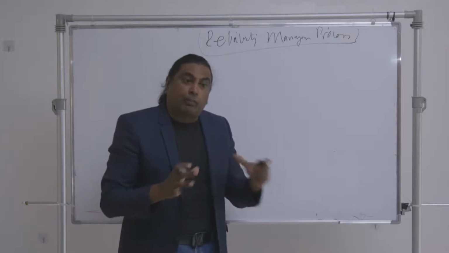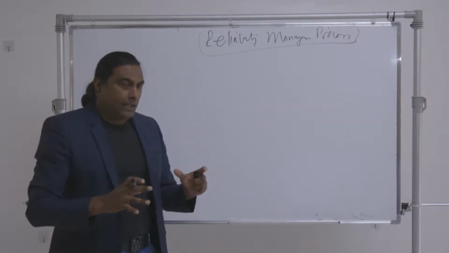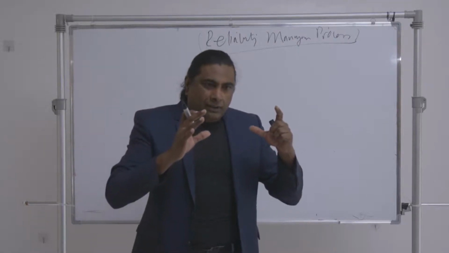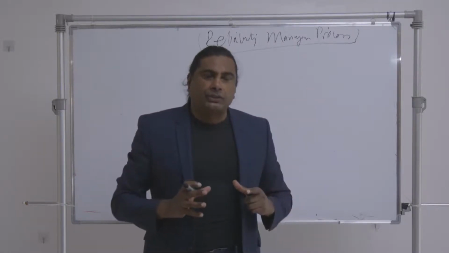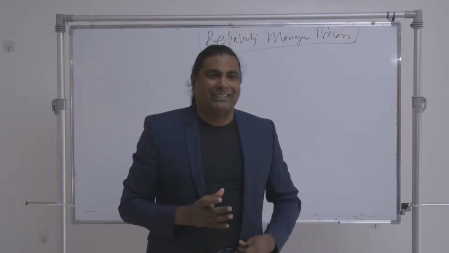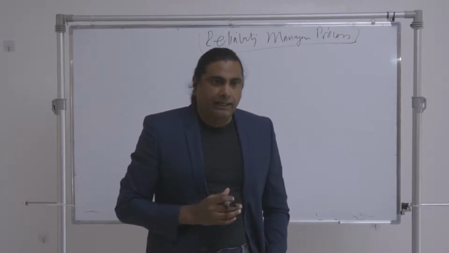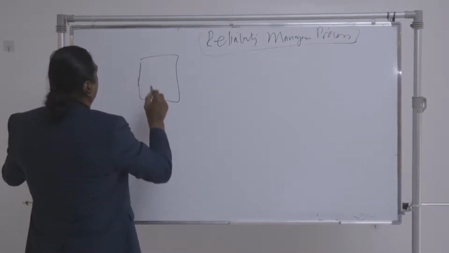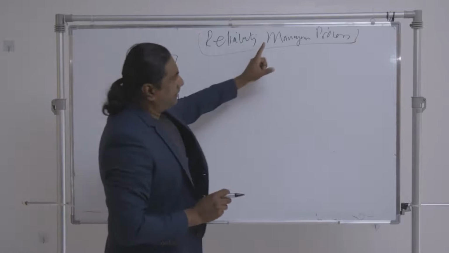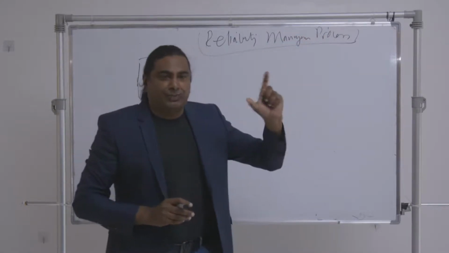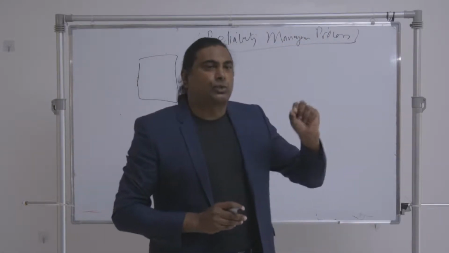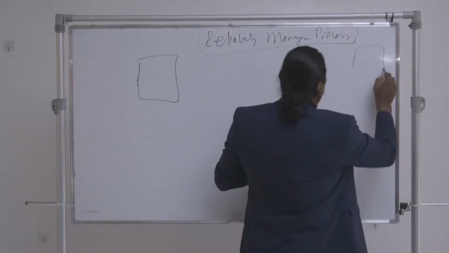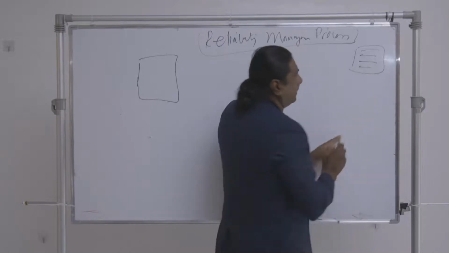Now you've got components of it already, but we have a well-defined approach to do this in a very systematic way. So the first thing: remember, everything in reliability management begins with what?